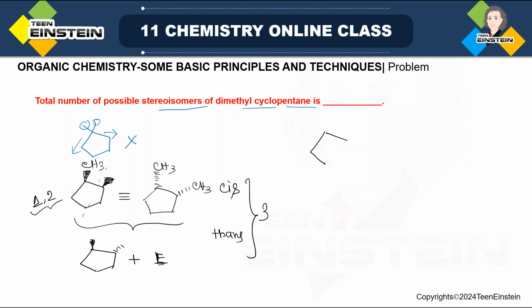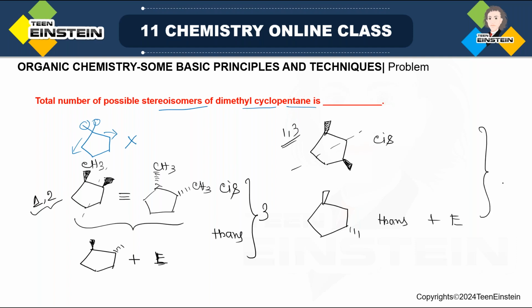Similar will be the case if you place the 2 methyl groups at the 1 and 3 positions. When it is at 1 and 3 positions and it is cis, whether you draw it above the plane or below the plane doesn't matter, there will always be a sigma plane, so it is not chiral. But if you consider its trans isomer, then an enantiomeric pair is possible, plus the meso-like cis, and that is why the total will be 3. So 3 plus 3, our answer should be 6, because we have already cancelled the 1,1.